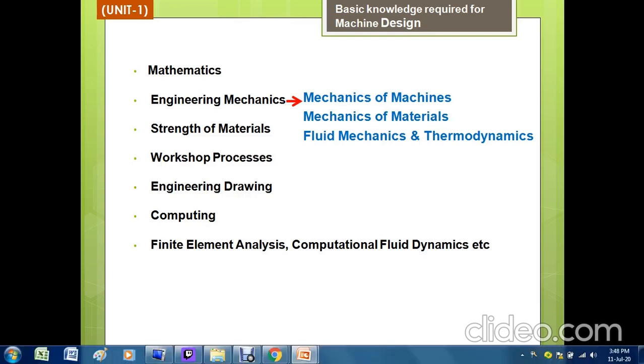So this is the basic knowledge required for a designer. Clear?